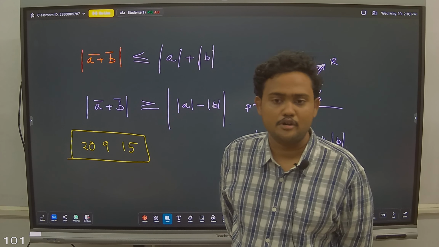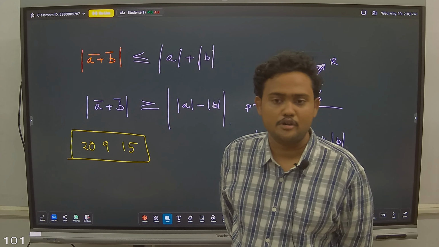The angle is not 90 by the way. It is possible because if you take any one side, it is less than the sum of the remaining two sides, right?